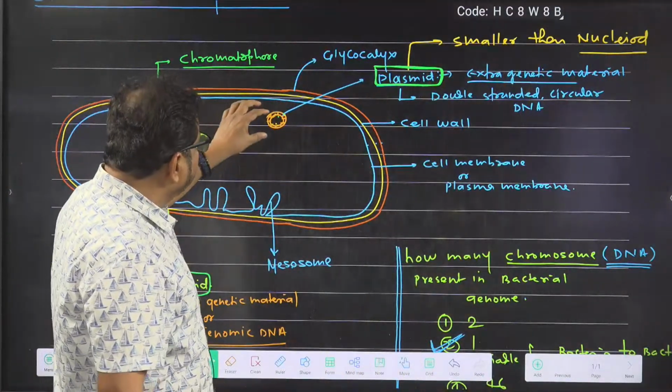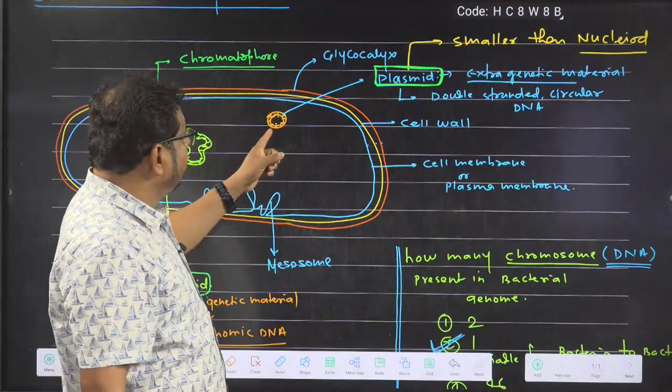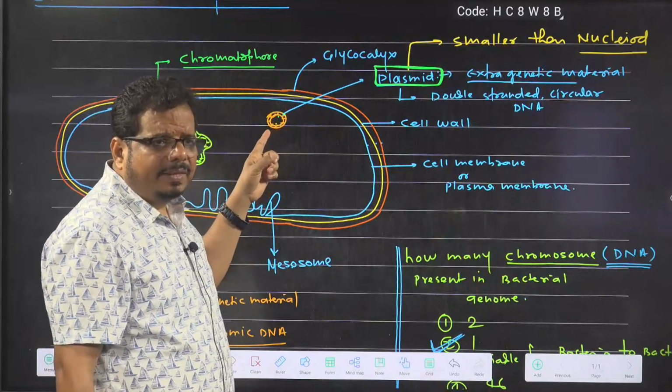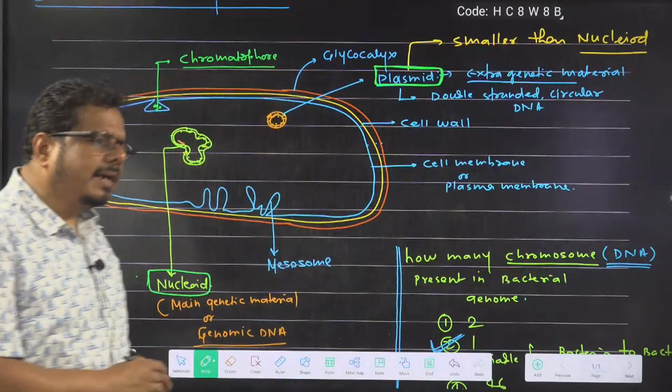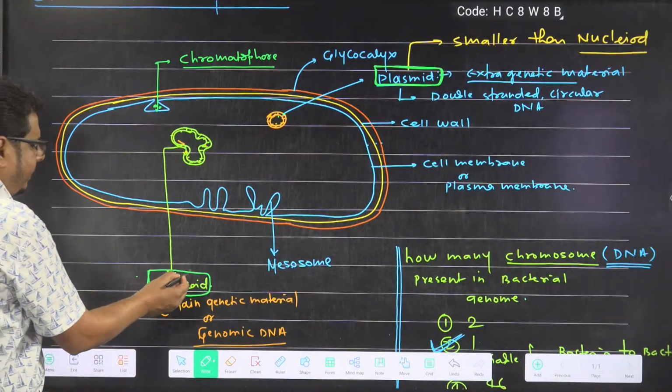It is not compulsory. Plasmid is present in which one? Bacteria. Some bacteria are also there where plasmid is not present. But who is compulsorily present in a bacteria? Nucleoid.